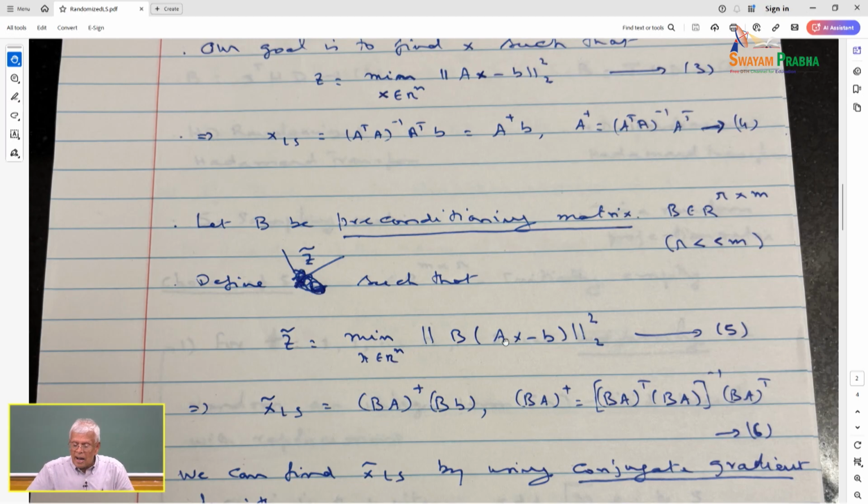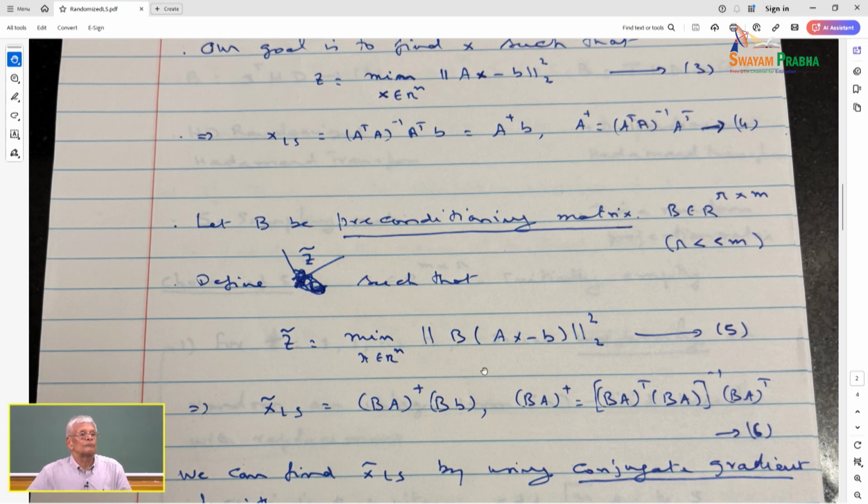So, now I have Ax minus b, the residual, and I am going to multiply it by B. Please understand, I have sometimes called z minus Hx the residual, here I am calling Ax minus b the residual. When I am doing the square, this is the same as the square of the norm of b minus Ax.